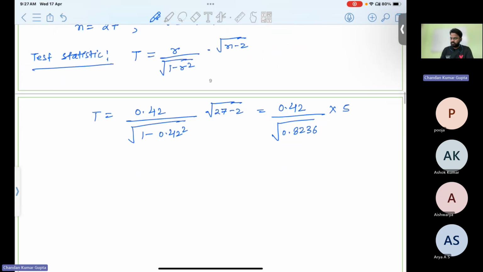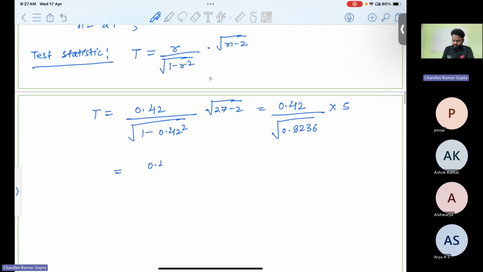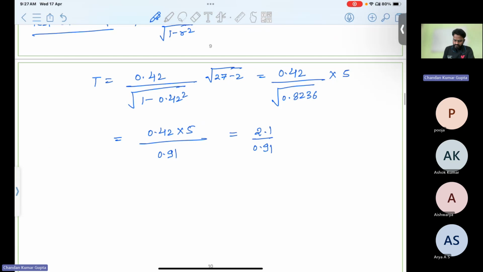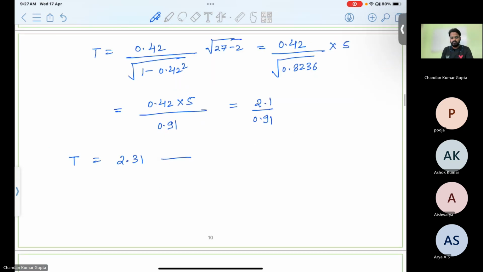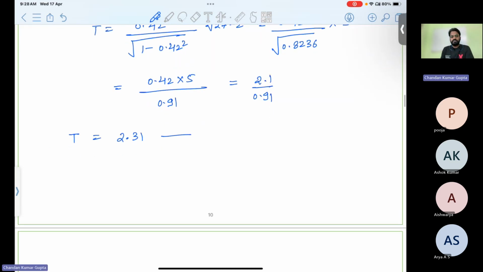Let me solve this one more step. The denominator term is approximately 0.91, so it comes out to be 2.1 upon 0.91 something. So the calculated value of t is 2.31. We have calculated the test statistic.